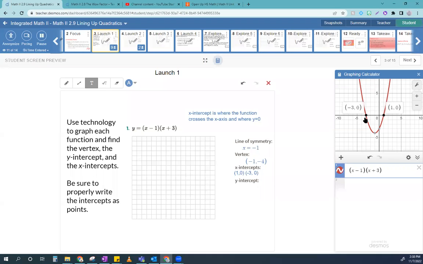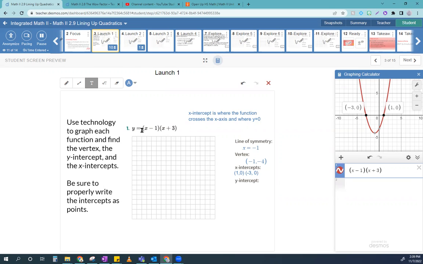Okay, does anybody notice anything? Anybody notice anything neat? What do you see? Very good. The U faces upwards. That makes sense, right?